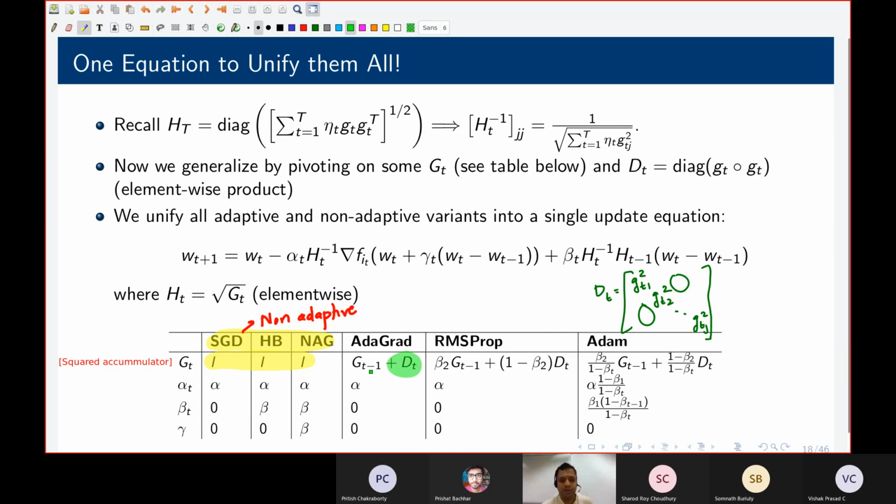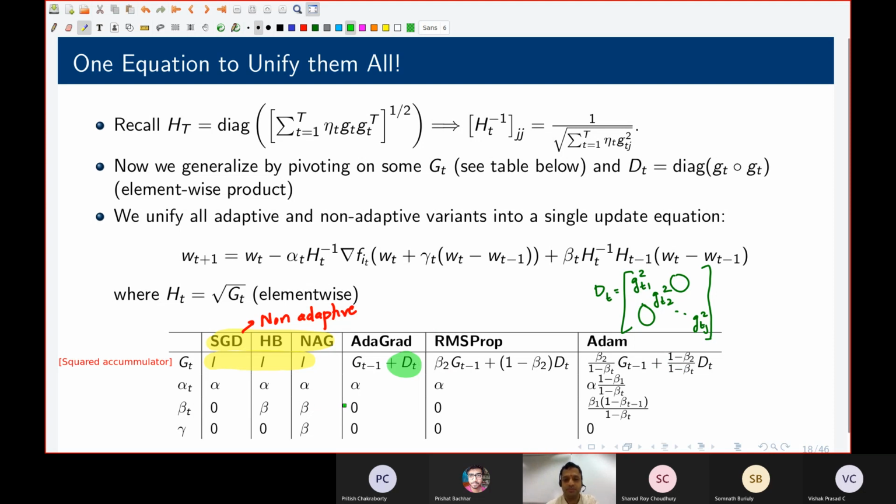Now the difference is whether you take a convex combination like this, G_{t-1} plus D_t, or just, basically, beta 2 is half in the AdaGrad case. Whereas in the Adam case, you're doing slightly more. You're also looking at not just beta 2, but also something called beta_t. How much to weigh is also learned from history. That's beta_t sitting here in the Adam case.